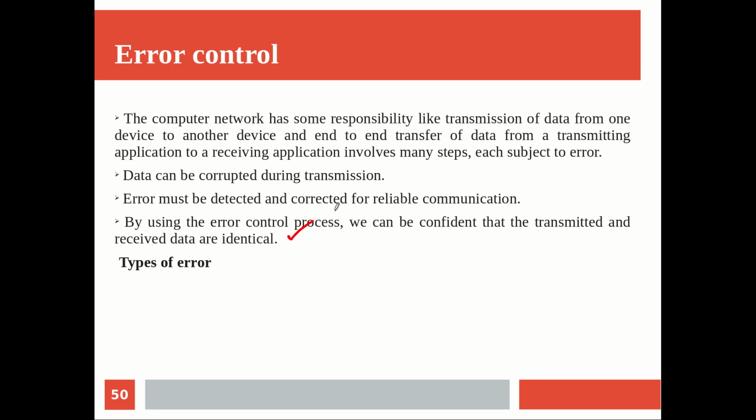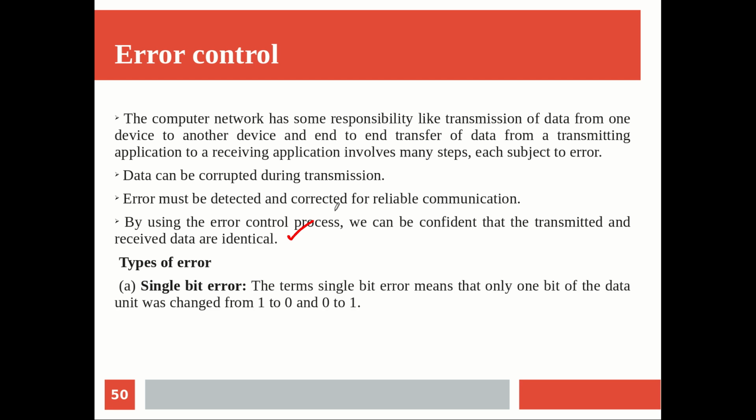Okay, and for types of error, I simply listed single bit error and burst error; that is how we can classify the term. A single bit error means that only one bit of the data was changed, in the sense that a 1 is changed to 0 or a 0 is changed to 1, a single bit. It is easy to detect a single bit error.